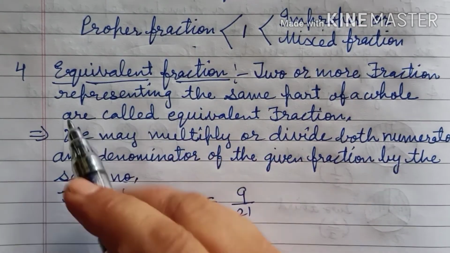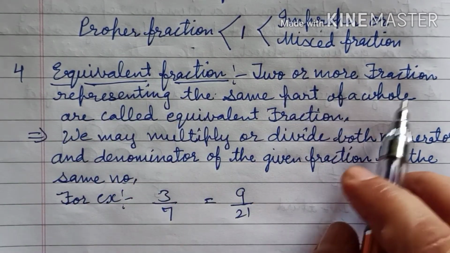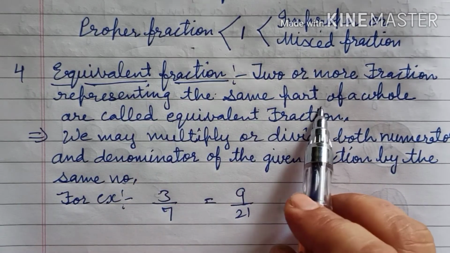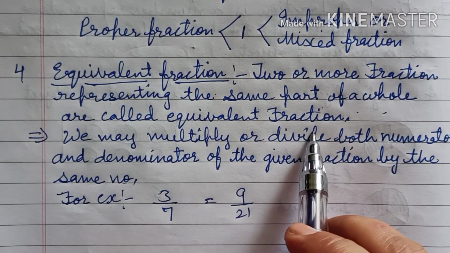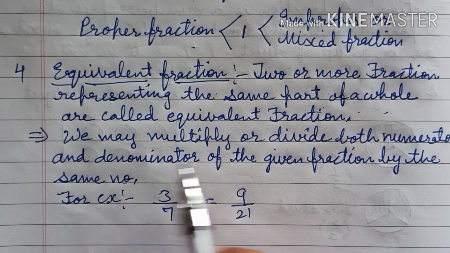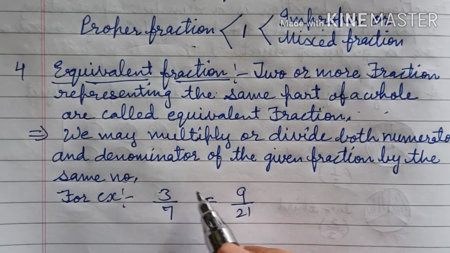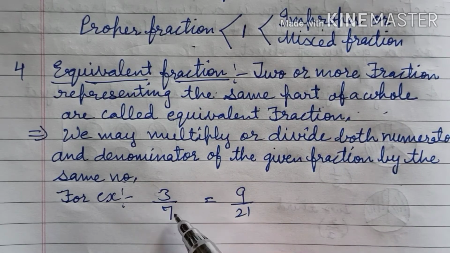Now number 4, equivalent fraction. Two or more fractions representing the same part of a whole are called equivalent fractions. We may multiply or divide both the numerator and denominator of the given fraction by the same number.